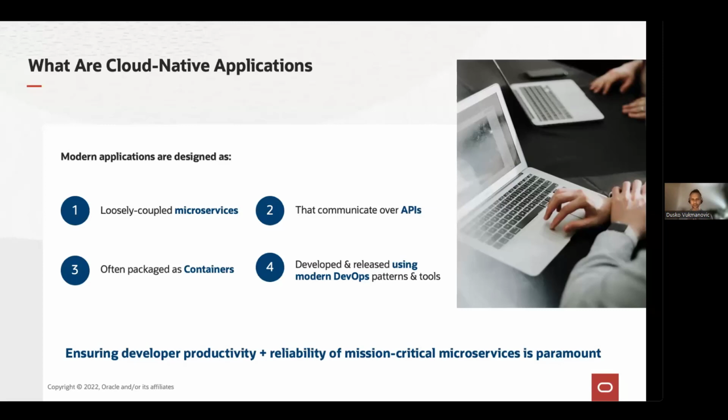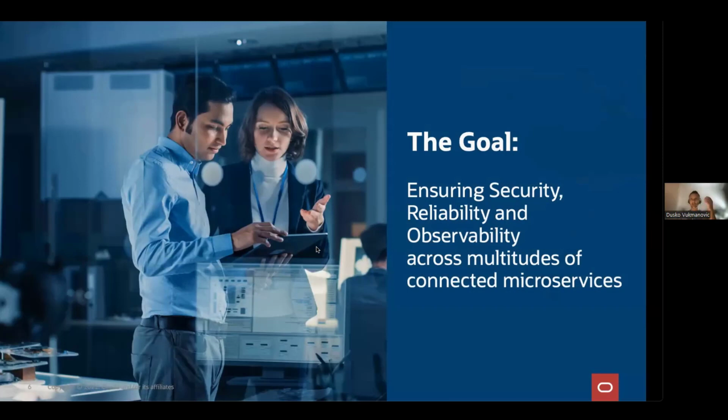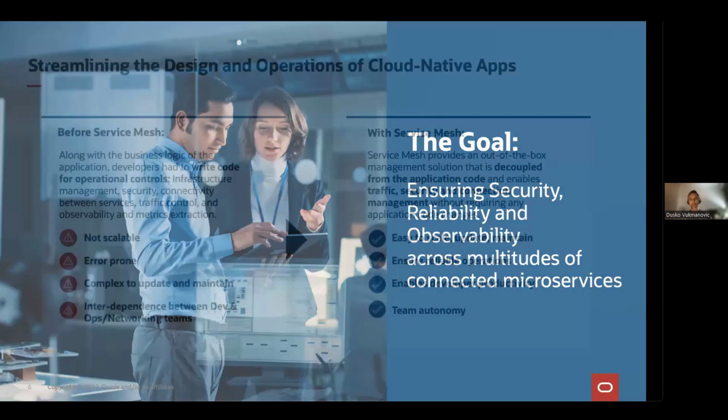But each microservice has infrastructure requirements: it has to be secure, you have to be able to monitor it, and you want to dynamically configure how they communicate. So these are the needs that we have as developers. Our goal is to ensure those infrastructure requirements, but not to build code for that.